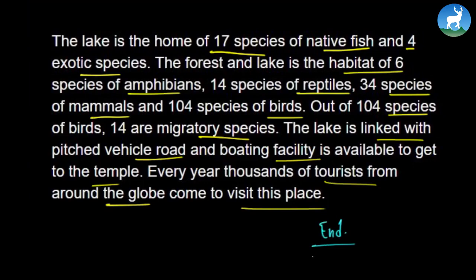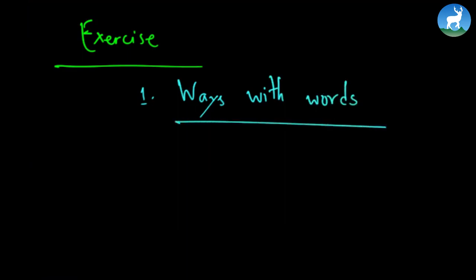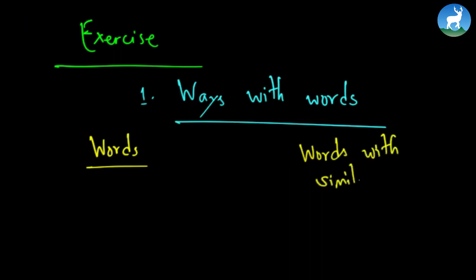Now let's go to the exercise portion. Under this section, we shall be dealing with the first exercise, which is also known as ways with words. In this section, we've got to find out the synonyms. So we have words followed by words with similar meaning.